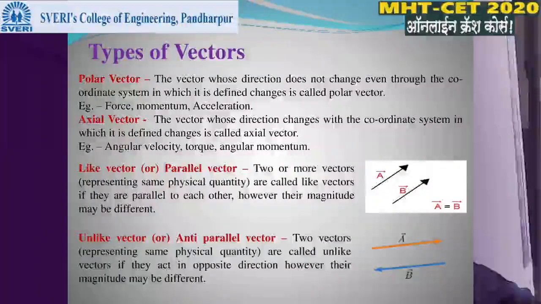A vector whose direction does not change even though the coordinate system in which it is defined changes is called a polar vector.